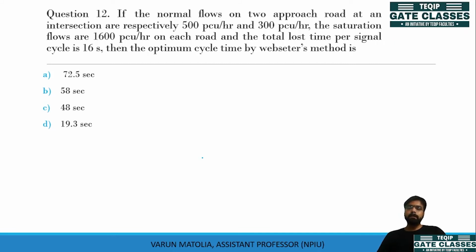Next question. This question says, if the normal flow on two approach roads at an intersection are respectively 50 PCU, 500 PCU and 300 PCU per hour, the saturation flow is 1600 PCU on each road, and the total lost time per signal cycle is 16 seconds, then the optimum cycle time using Webster's method is.